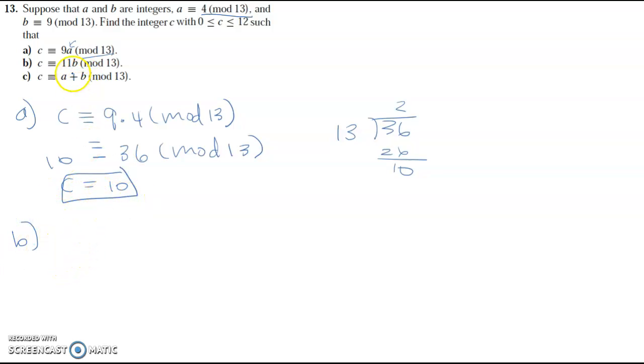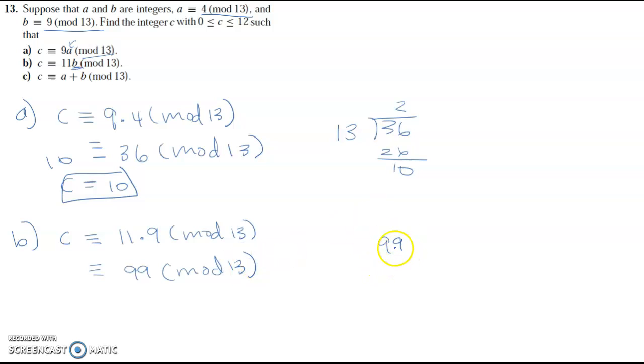All right, let me do B. Similarly, I'm going to substitute B in here. So I have C being congruent to 11 times 9, and they're both mod 13. So by corollary, we can just write that. So this is 99 mod 13, and I can go ahead and calculate this.